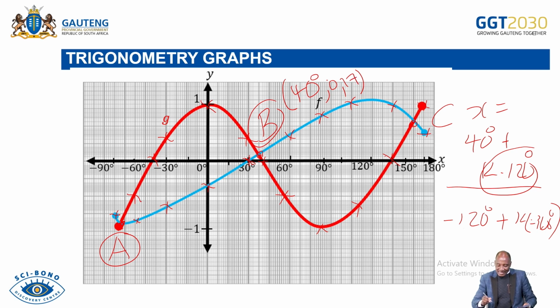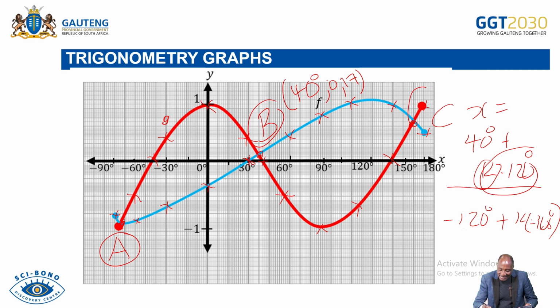So this goes with 0.17, that point. That's where they meet. For the next point, I'm going to use k equals 1. If k is 1, it's going to be 120 degrees plus 40, which gives us 160, which is still fine because it's still within my domain. In the first general solution, when k is 1, I put 1 times 120 here. I get 120 plus 40, I get 160.